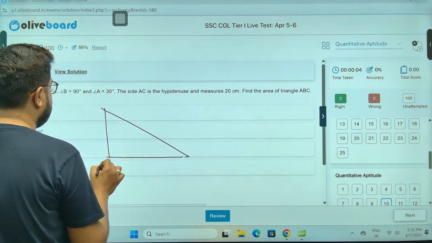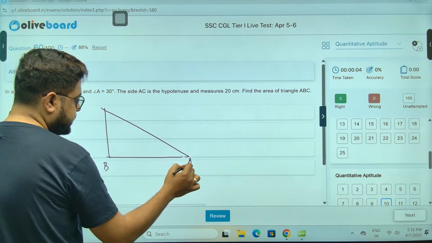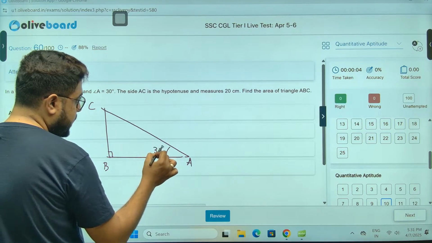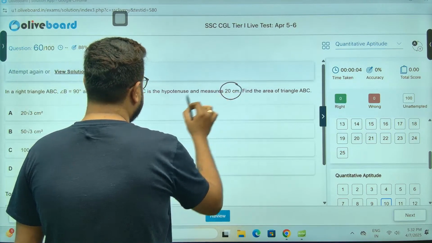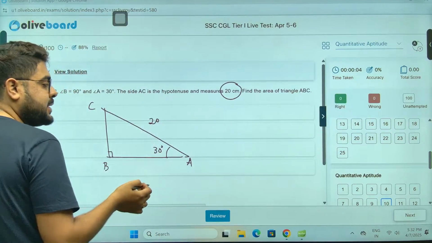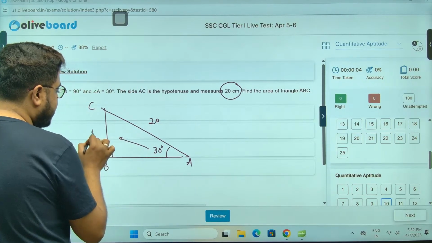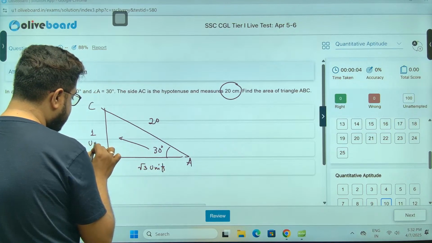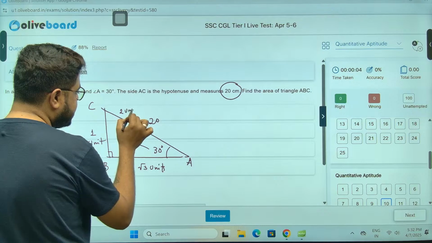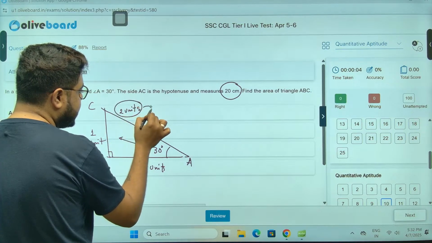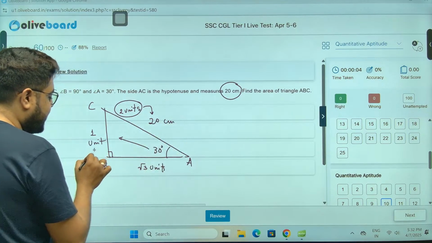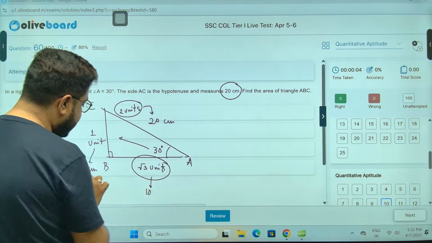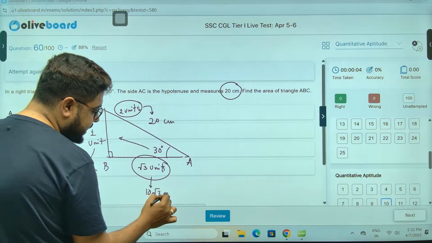This is very simple. It is a 30, 60, 90 triangle: the side opposite 30 is 1 unit, the other is root 3 units, and the hypotenuse is always 2 units. 2 units equal 20 centimeters, so 1 unit is 10 centimeters, and root 3 units is 10 root 3 centimeters.